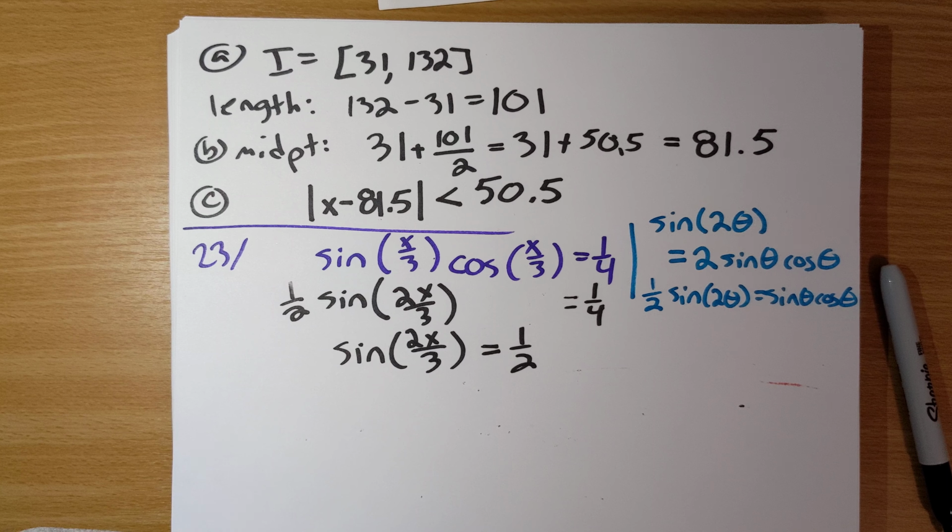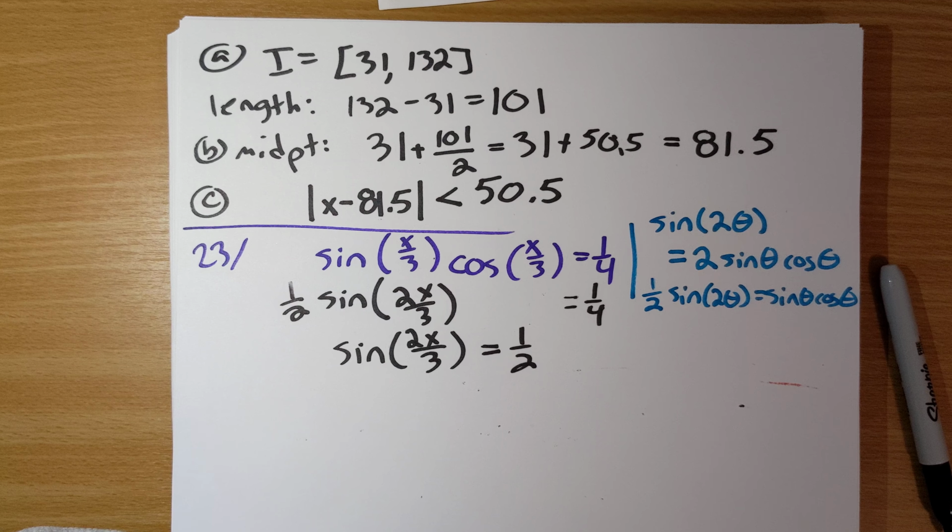Okay, so now the equation has become: what values of x give us sine of 2x over 3 is equal to 1/2. And we want x in the interval from 0 to 6π. So when is sine of something equal to 1/2? Well, we should know that sine of π over 6 is equal to 1/2.